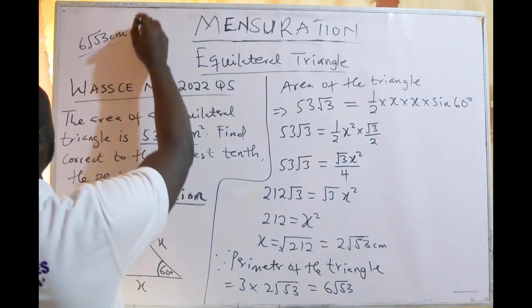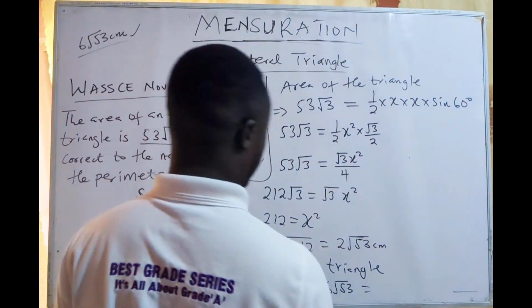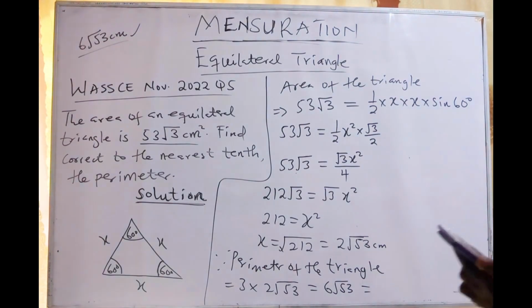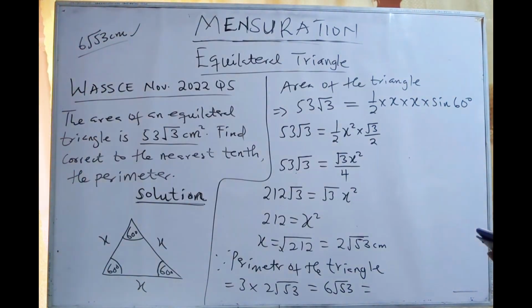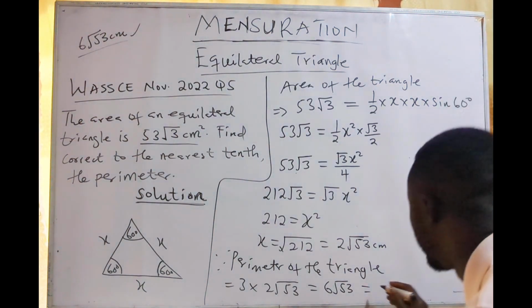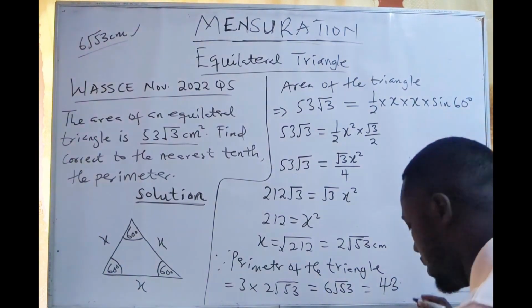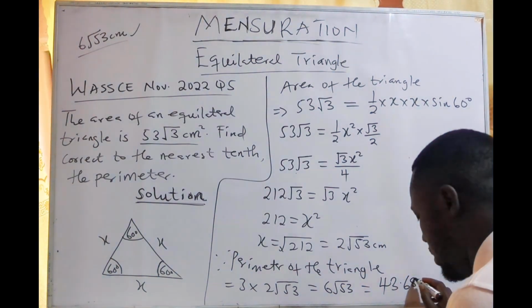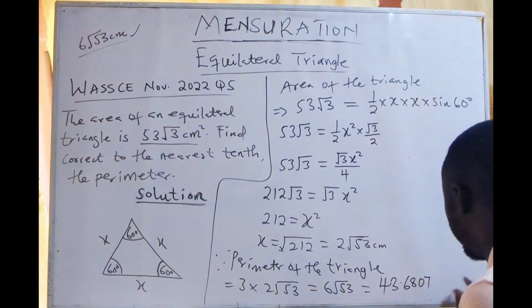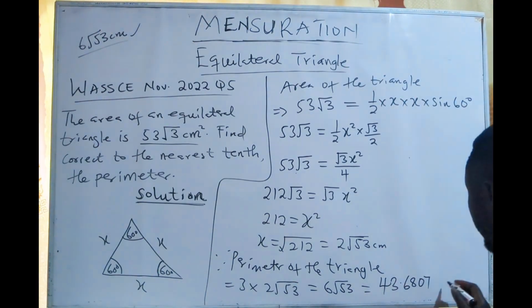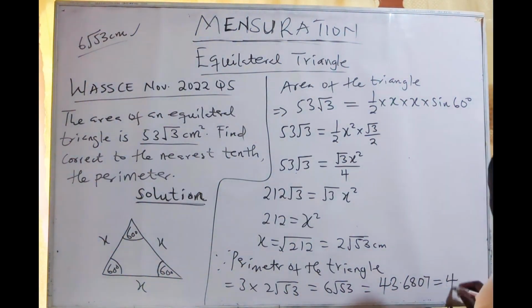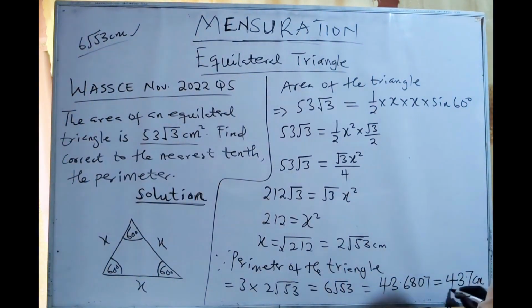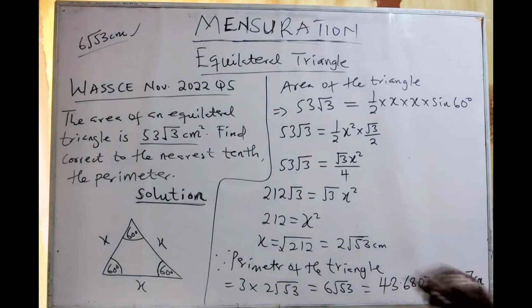The same thing here, and we were asked to correct our answer to the nearest tenth, that is to 1 decimal place. So 6 root 53 to the nearest tenth will give us 43.7, or 43.6807, so it will give us 43.7 centimeters to the nearest tenth.